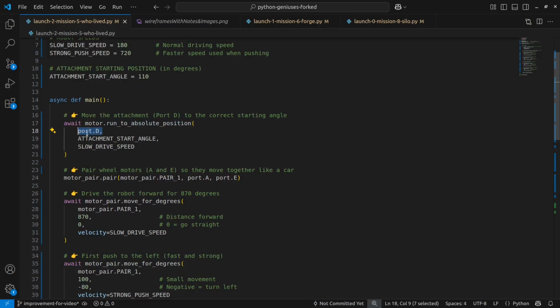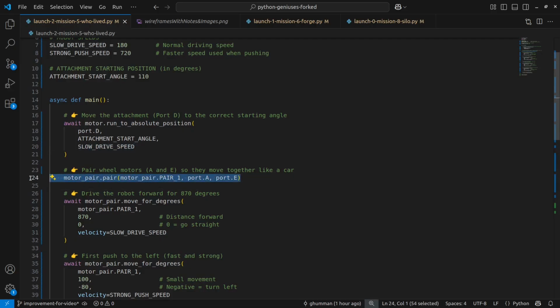So we are saying that the motor D, which in our case is an attachment, should move to an angle and how fast it should move. So we're asking this motor D, which is an attachment, to move very slowly to this position.